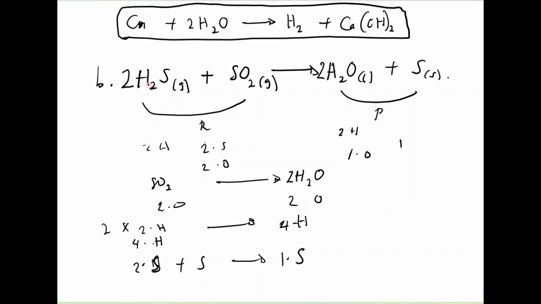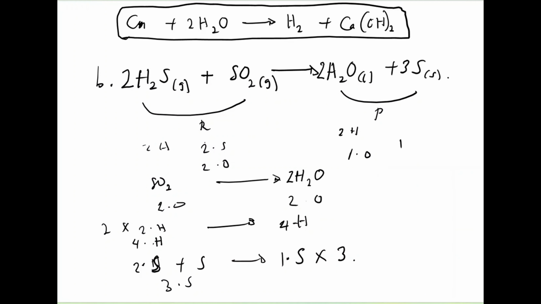But how many solid sulfur is produced? That's 1. Now 3 on this side, and 1 on this side. What are you going to do? We will multiply this side by 3. That means the sulfur here will be multiplied by 3.